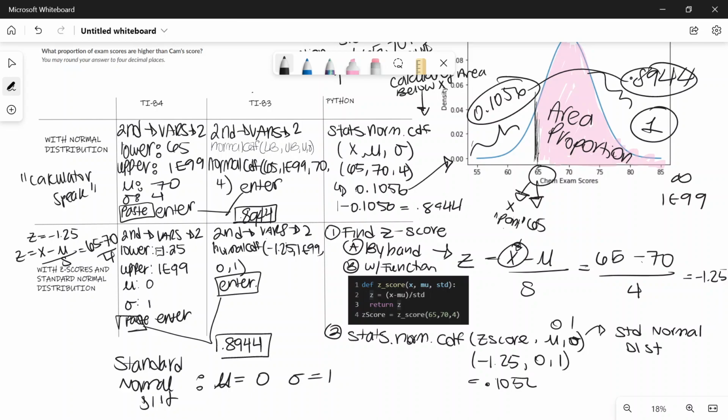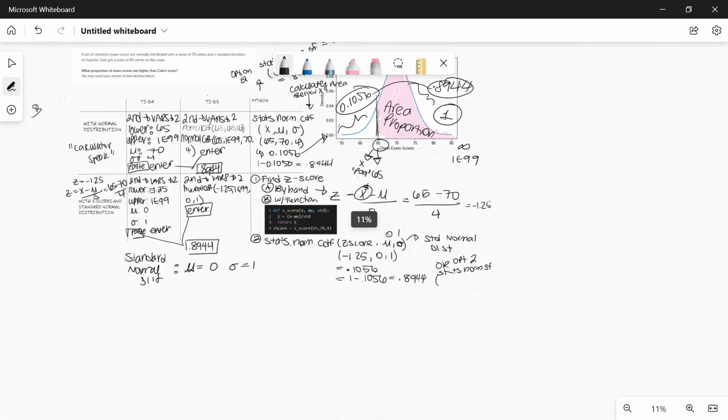And then that would have given you 0.1056, and then you would have had to do 1 minus 0.1056, and that would give you your 0.8944, or you could have done option 2, which was to use stats.norm.sf and just put in your x, right, which is your z-score, right?